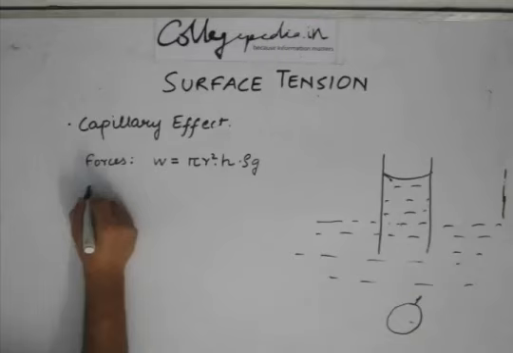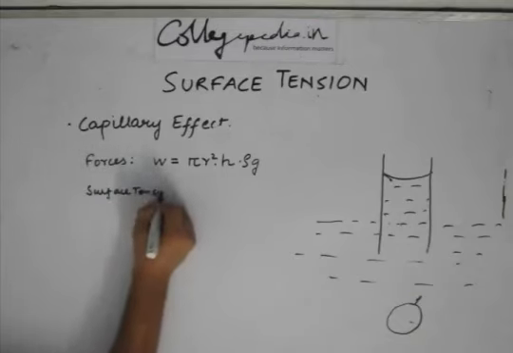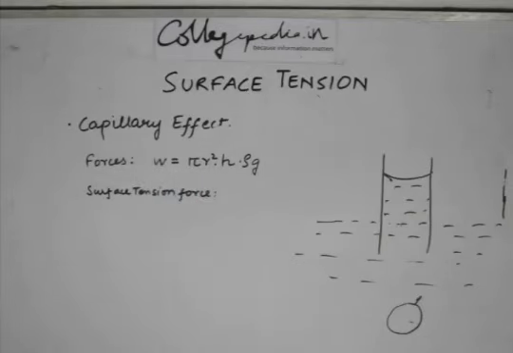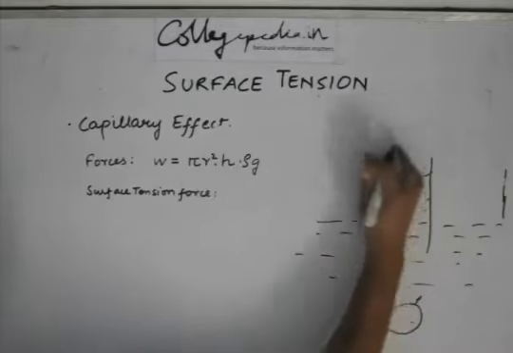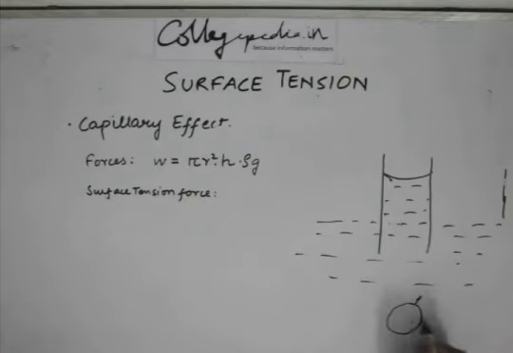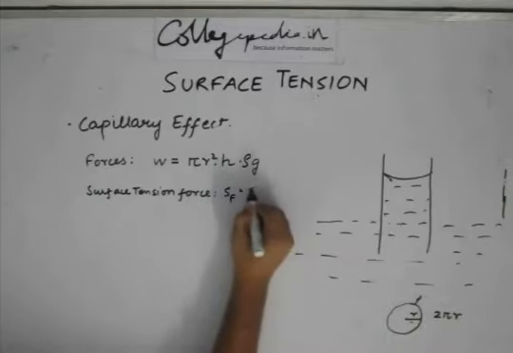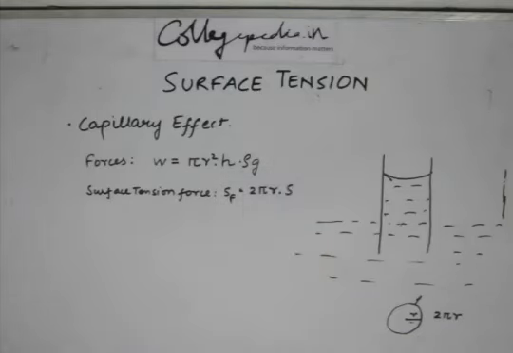The surface tension force comes from the fact that this entire length is nothing but, because this is small r, going to be 2 pi r, the circumference. So we will have, say, SF is equal to 2 pi r times S. This is the net surface tension force.